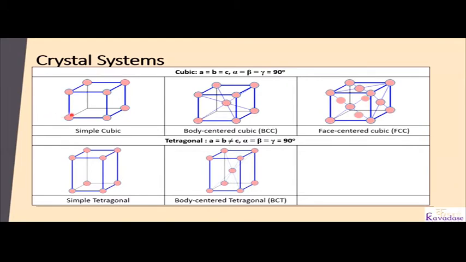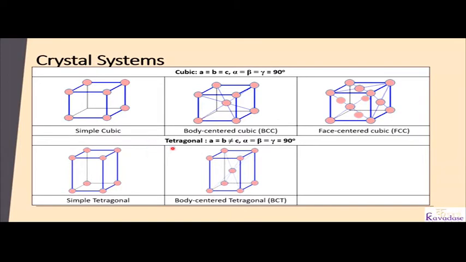By this there are three types of structures: simple cubic, SC, then body centered cubic, BCC, and face centered cubic, FCC, where A equals B equals C and the angles between them are equal to 90.